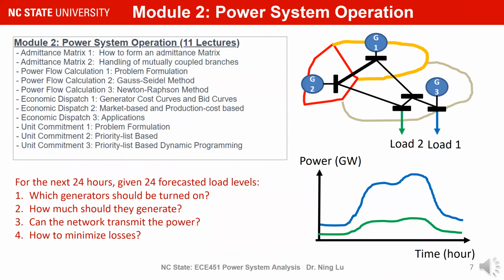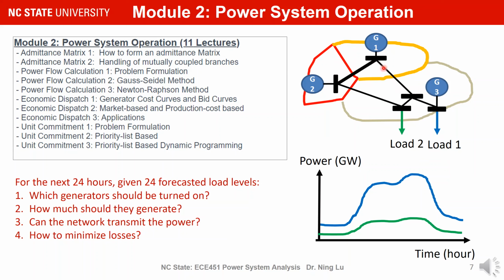So in the second module, we learn how to operate power systems. The module has about 10 to 11 lectures. First, we want to know how to compute power flow. That means given there are 3 generators, how we can send power from generator 1 to 2 or to 3.